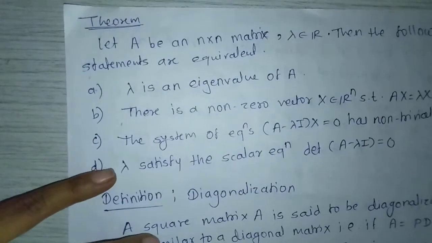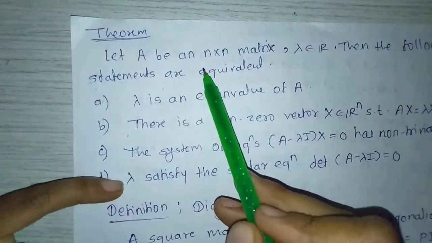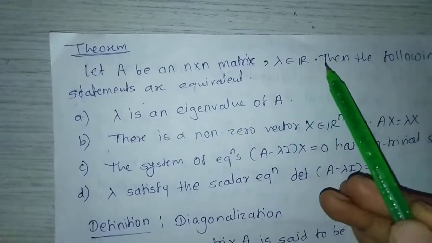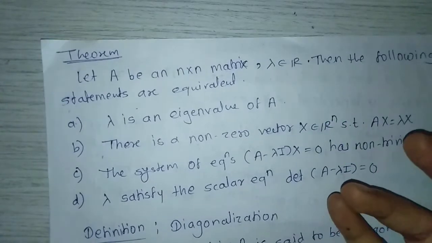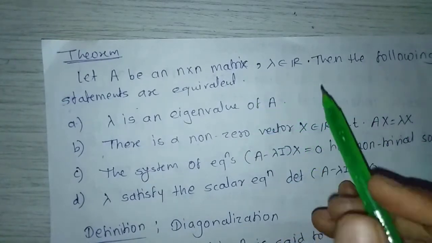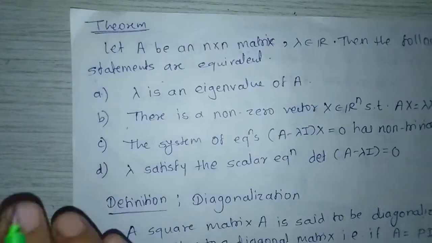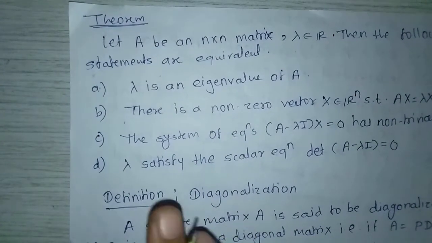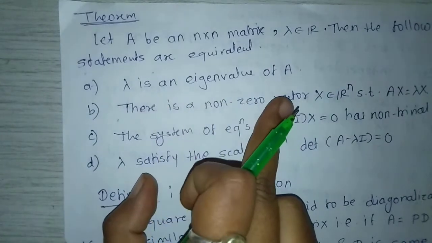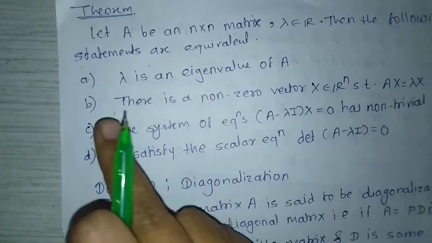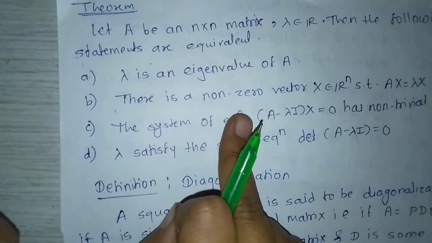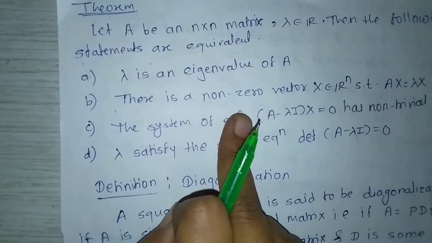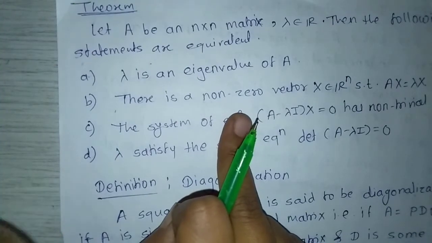Next theorem, without proof, only the statement. Let A be an n by n matrix, lambda belongs to R, meaning lambda is a scalar. Then the following statements are equivalent. Equivalent means A implies B, B implies C, C implies D and D implies A. First, lambda is an eigenvalue of A. Second, there is a non-zero vector x belongs to Rn such that A into x equals lambda into x.